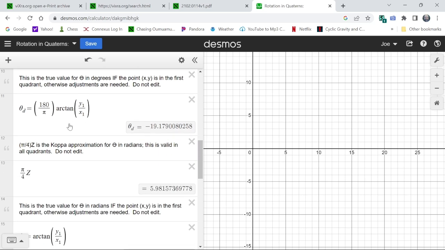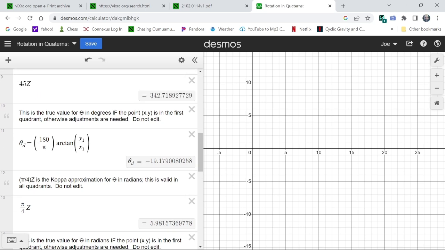As you go down a little further, this would be the measure in degrees, but negative. So that would be positive degrees.